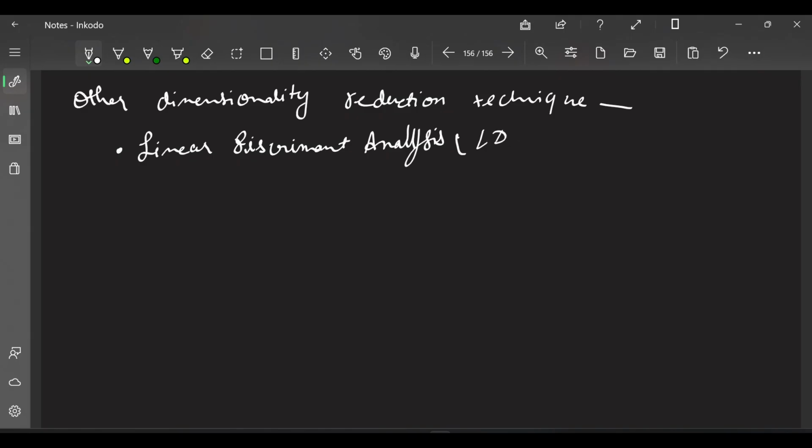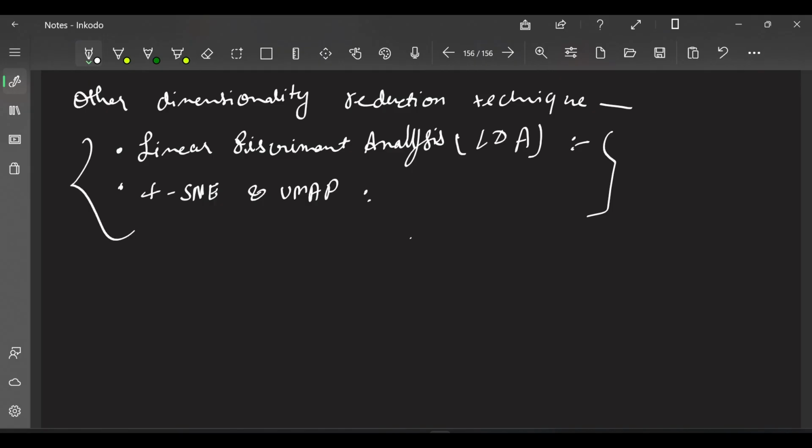In this, basically, it is a supervised dimensionality reduction technique. And the next ones are t-SNE and UMAP, which are nonlinear techniques for visualization. They are great for high dimensional data. Because this is not in our syllabus, I'm not going to talk about this in detail. I just give you the overview of the techniques that exist for dimensionality reduction.